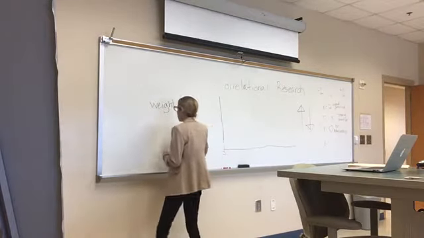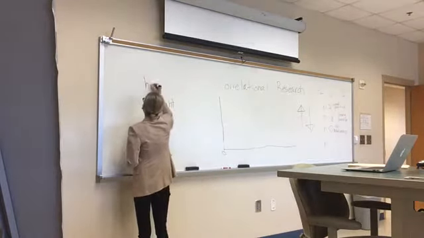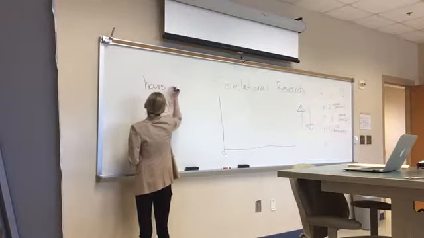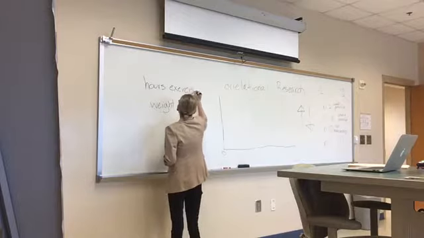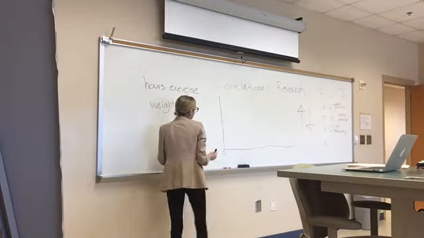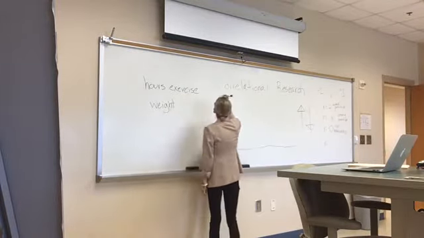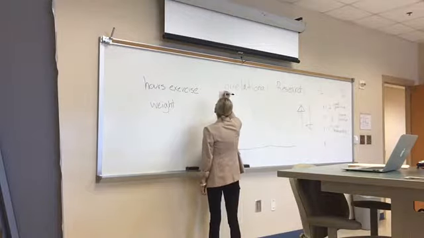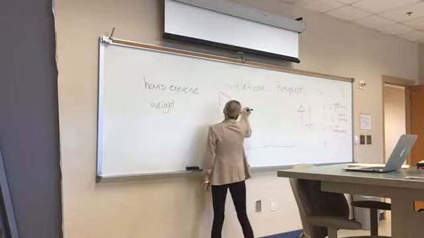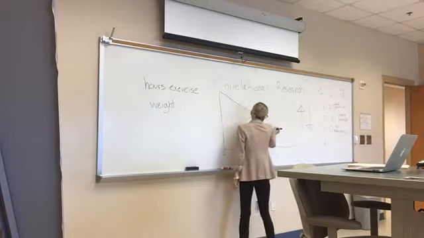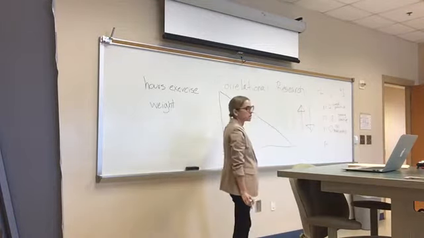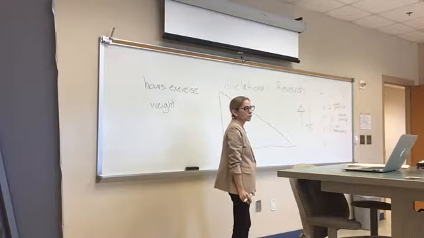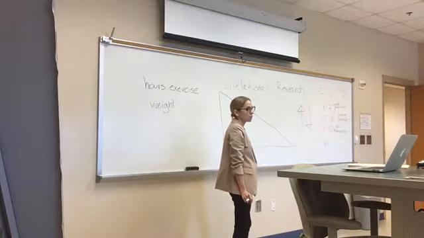All right, so our variables will be hours of exercise and weight. So this kind of line on an axis shows us an inverse or negative relationship, right?